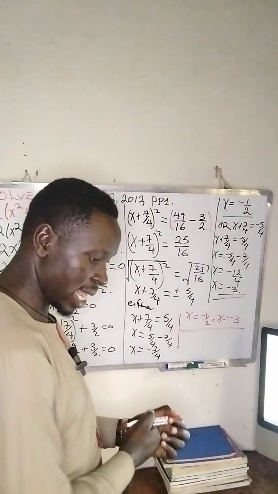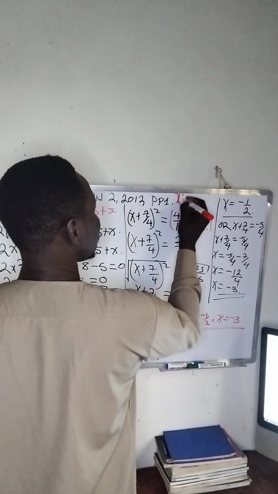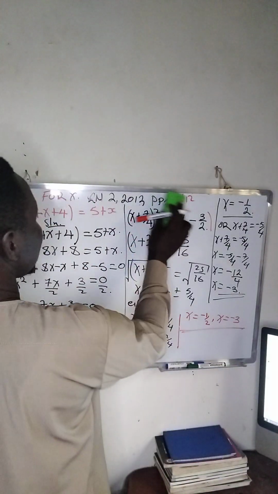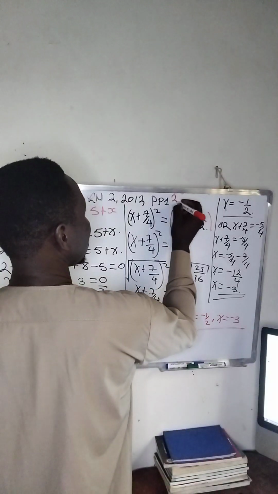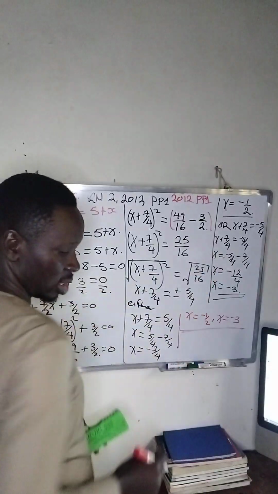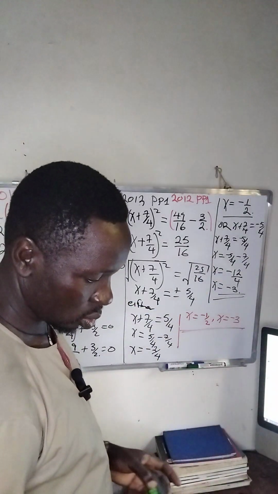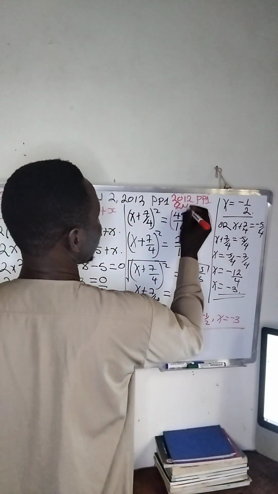For example, there is a question in 2012, paper 1. I think it will be a good example of what we are doing. That is question 3.